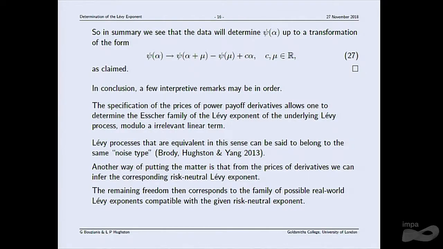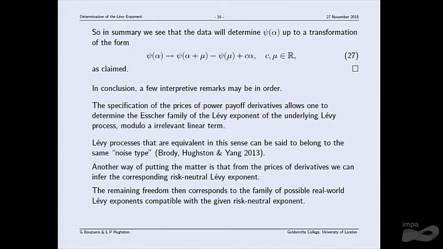So in this sense, the knowledge of the values of the derivative at time zero allows you to completely determine the type of noise that is driving the model. Another way of putting it is that the prices of derivatives can be used to determine the risk-neutral Levy exponent, the Levy exponent in the risk-neutral measure.